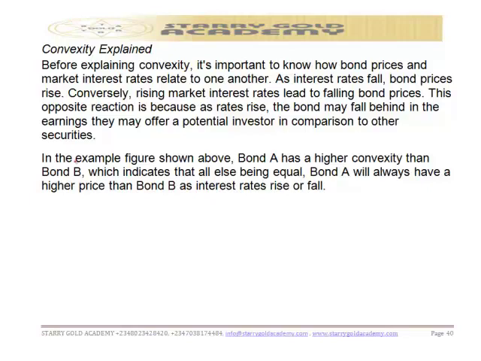And like I said earlier, the diagram I made for you shows that bond A has a higher convexity than bond B, which indicates that all else being equal, bond A will always have a higher price than bond B as interest rate changes, either rise or fall. So the bond yield is the earning or return an investor can expect.